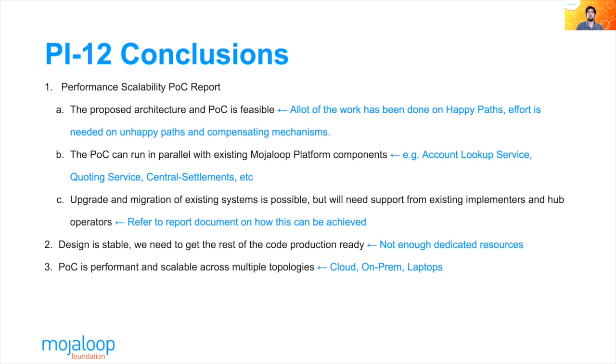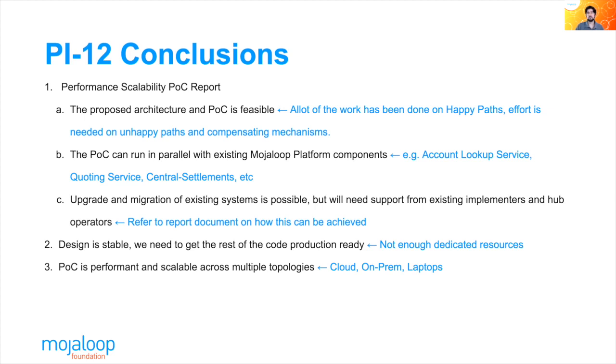The POC can also run in parallel with existing Mojaloop platform components. There's a section in the report that talks about it, but the question is, can you run the current ledger? Is this POC compatible with running with the existing Mojaloop components? And yes, it is.